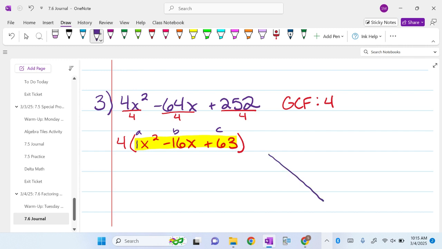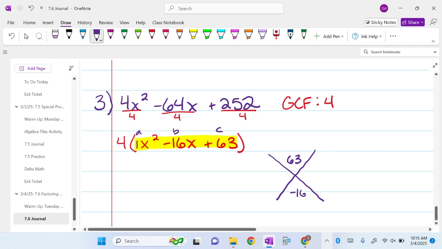Big X. Good. So I have 63 up top, negative 16 on the bottom. I need two terms that multiply to 63, add to negative 16. Now, since it's multiplying to a positive but adding to a negative, what are my two factors? They're both negative. Negative times a negative is a positive, and a negative plus a negative is a negative.